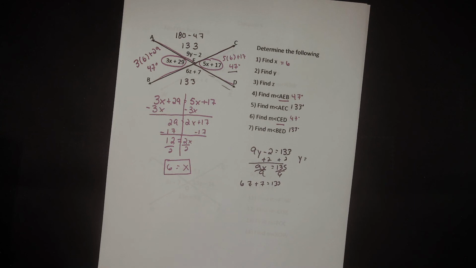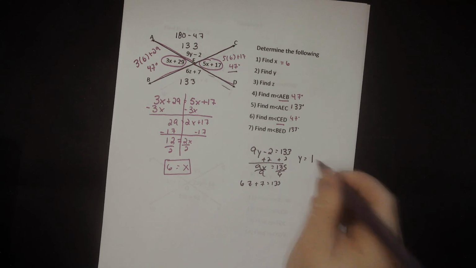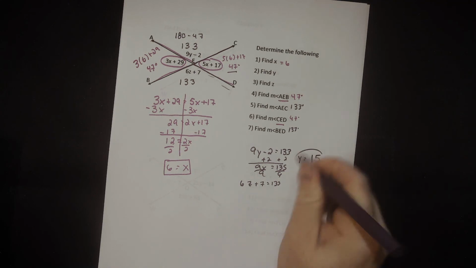So let's see. 9 into 133, or not 133, 135 is what I should say. So 9 into 135 should be, let's see, 13 minus 9 is 4, 45. So 9 into 45 would be 5, so it should be 15.